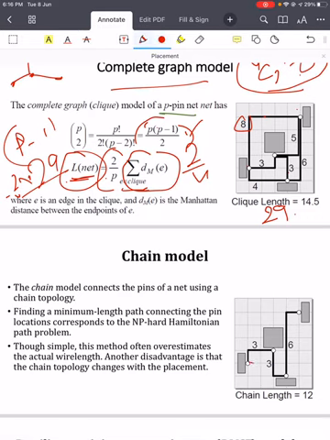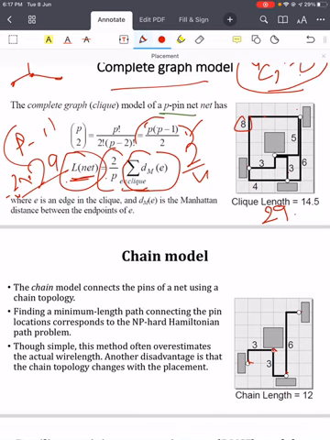The same net we have considered, this pin, this pin, this pin, this pin, so this is also a 4-pin net. We are just finding a chain with minimum length, connecting all the pins.